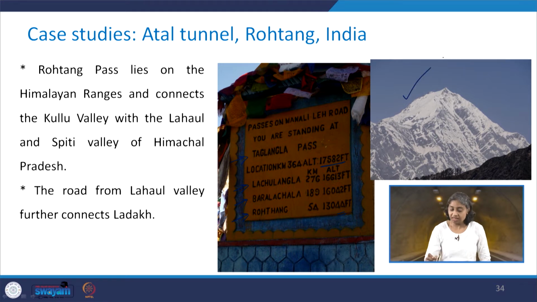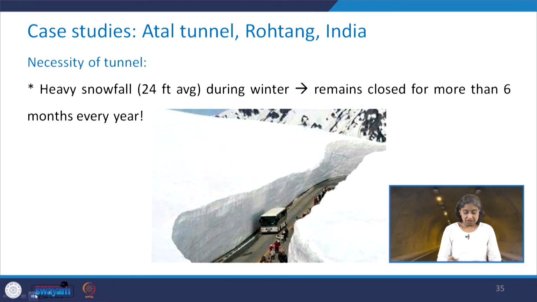And you can take a look here how it is always snow clad here. So there is the necessity of the tunnel because there is heavy snowfall during winter, and this pass remains closed for more than 6 months every year.